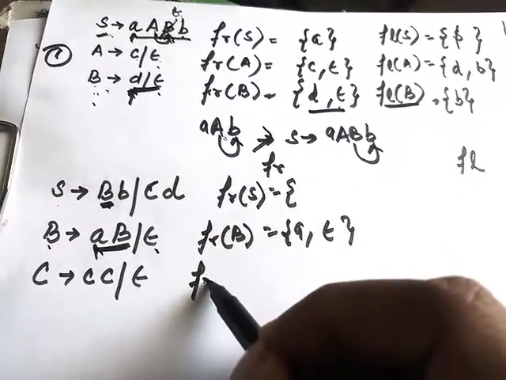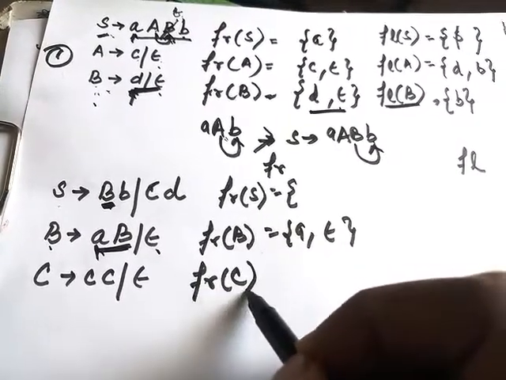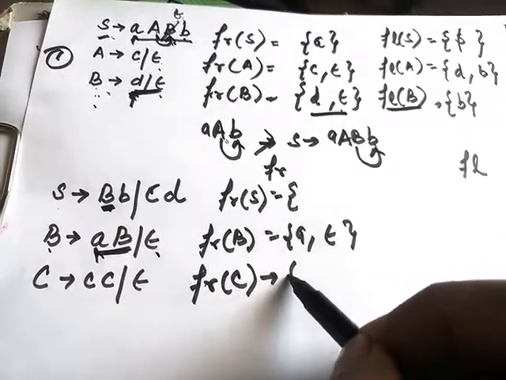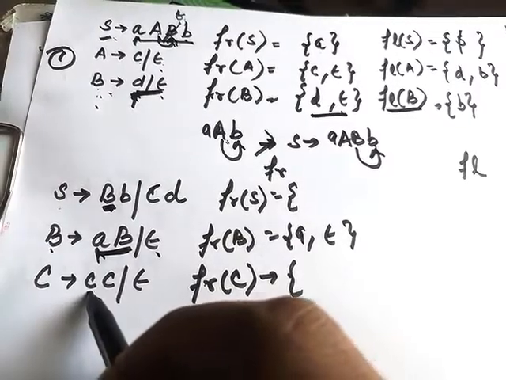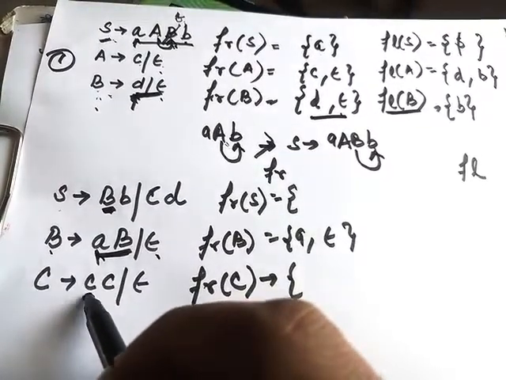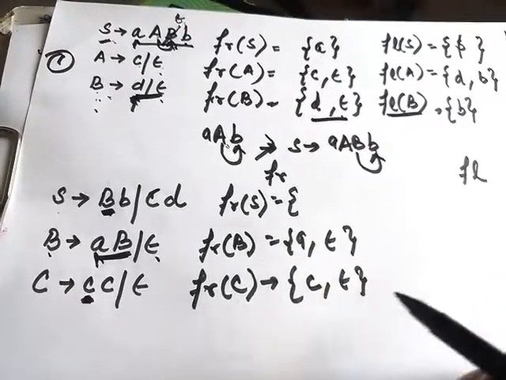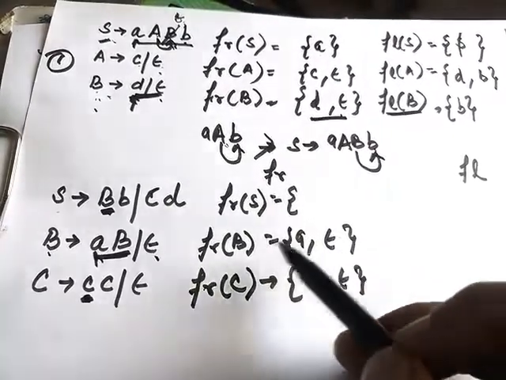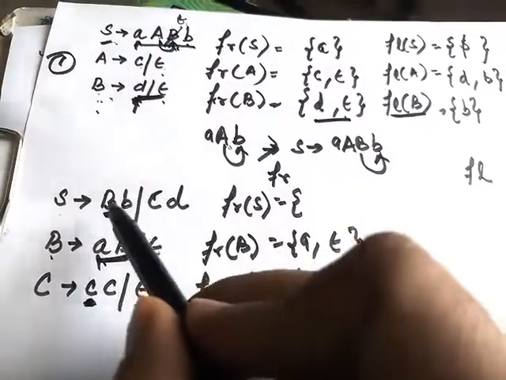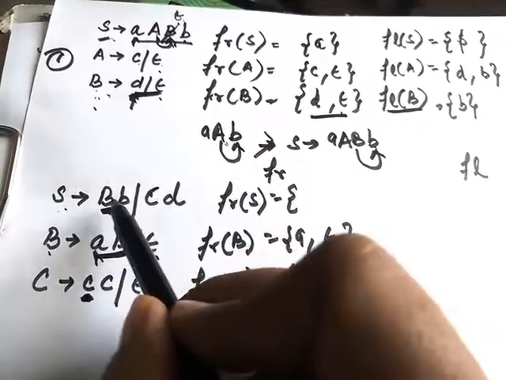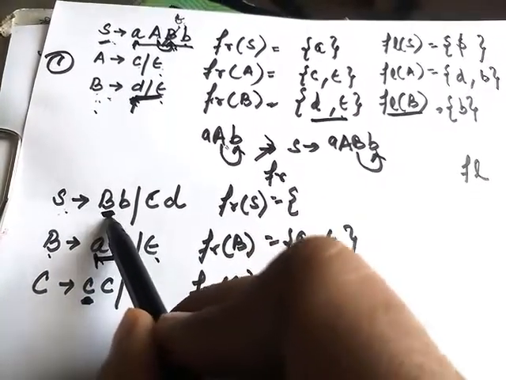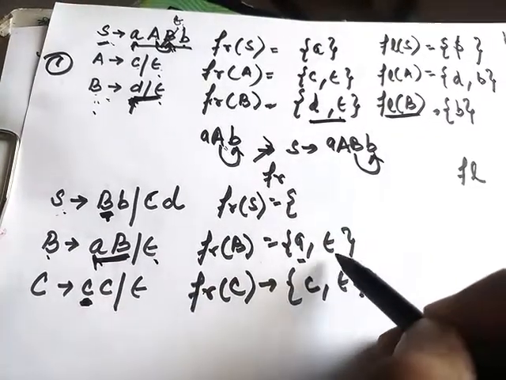Similarly, what is first of C, capital C? This is what C generates, small c and epsilon. So this is the first of B and first of C. Now we will substitute this. First of S is first of B. What is first of B? A and epsilon.